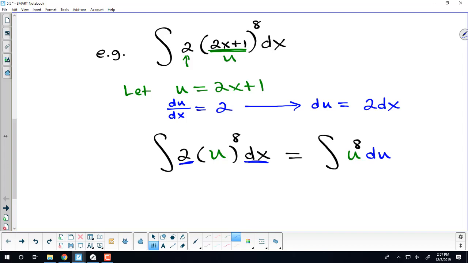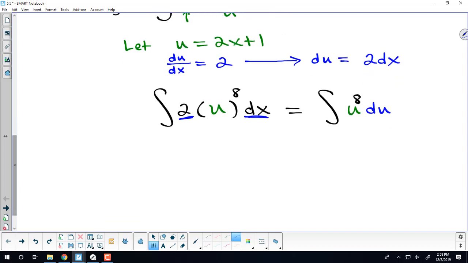So what is the antiderivative of u to the 8th with respect to u? U to the 9th over 9. Yeah, just the power rule, u to the 9th over 9 plus c. And then we resubstitute once we're done finding the antiderivative. So our u was 2x plus 1.